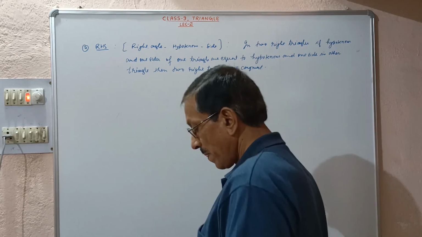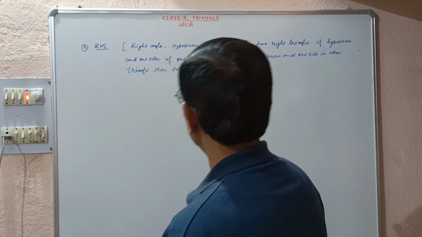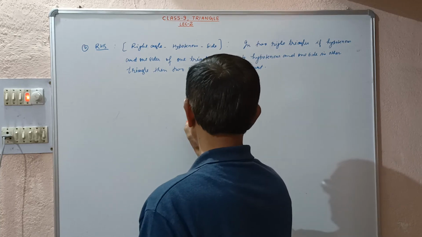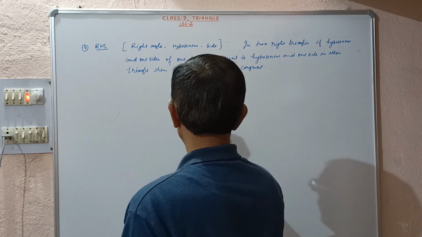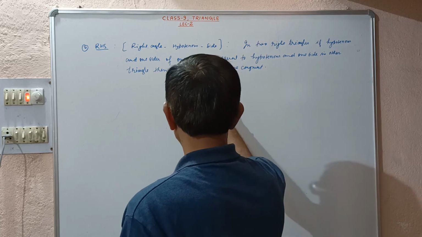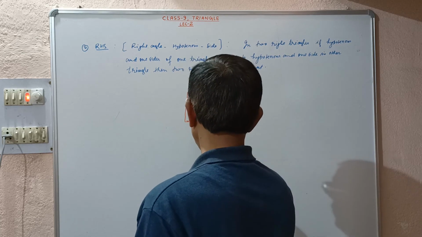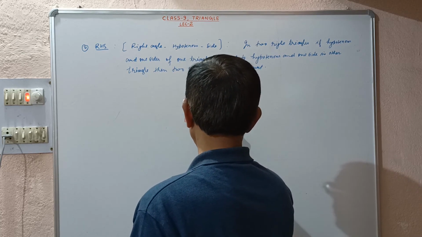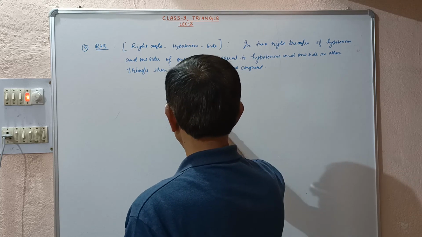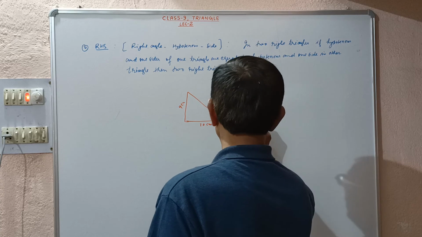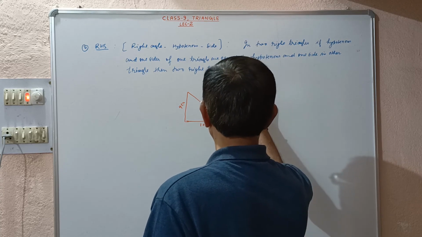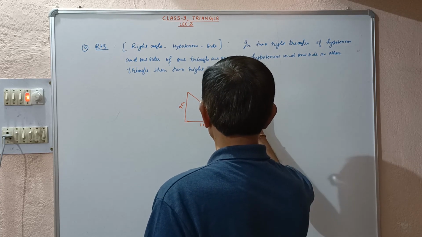That means if we draw two right triangles like this, suppose this is 10 centimeter, this is 9 centimeter, and here also 10 centimeter, and this is 9 centimeter.